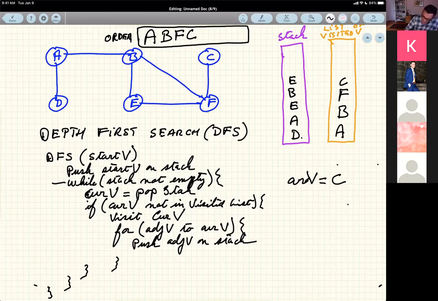F is my current vertex, but F is in the visited list, so I don't need to do anything with it. I keep going. I pop E. E is my current vertex.